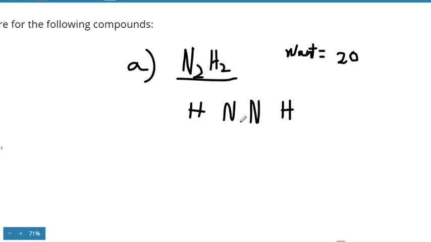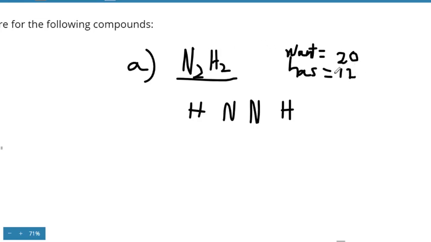And then we also need to find the has. So the has is just the sum of all the valence electrons the whole compound currently has. So each H has 1 electron, and each N has 5. So 5 plus 5 is 10, plus 2 is 12.